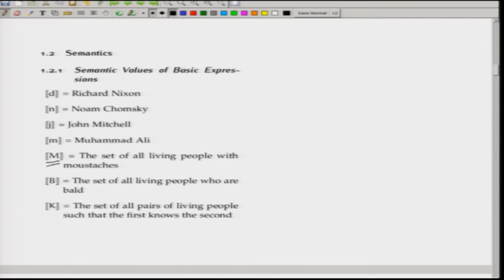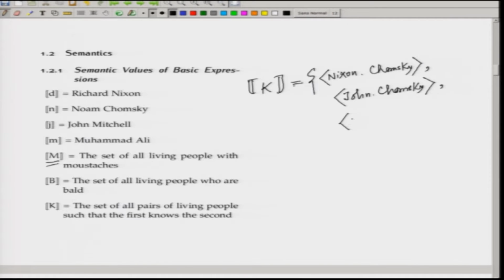So, for example, we can make our K like this. Suppose we can interpret K, or rather define K. Suppose let us assume that Nixon knows Chomsky, and John knows Chomsky, and say Chomsky knows himself, and nobody knows anybody else.